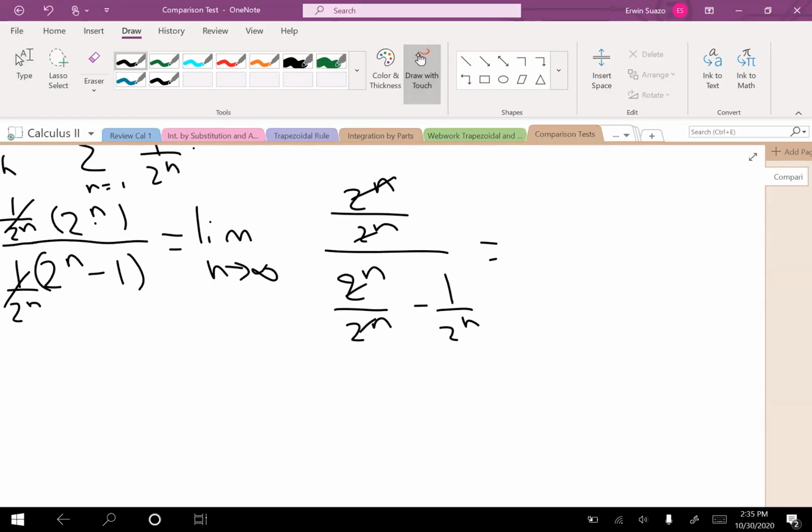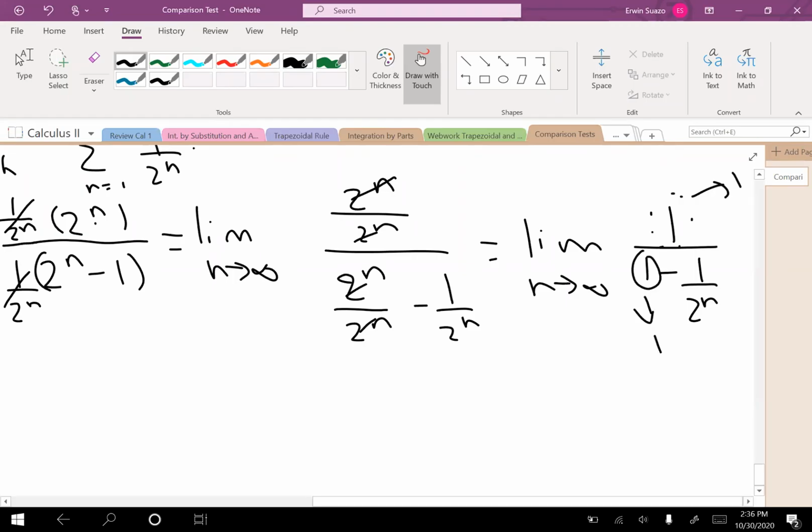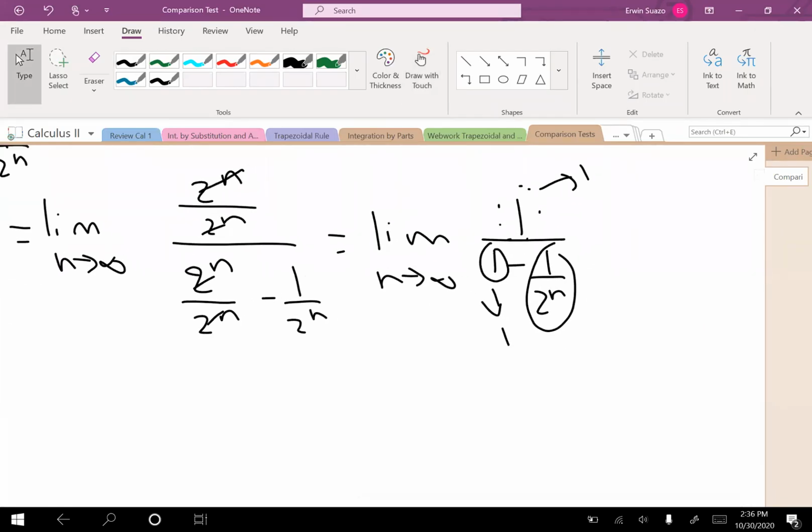So you get the limit as n goes to infinity of 1 over 1 minus 1 over 2 to the n. The guy on the top goes to 1. Where is 1 over 2 to the n going when n goes to infinity? This guy goes to 0. So this limit goes to 1 over 1, that is 1, right?